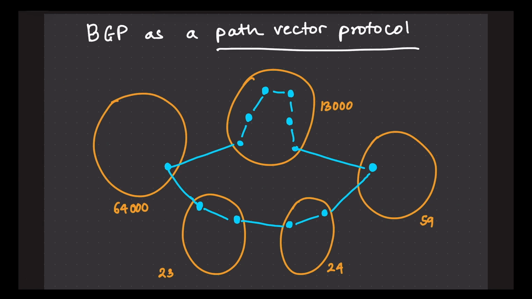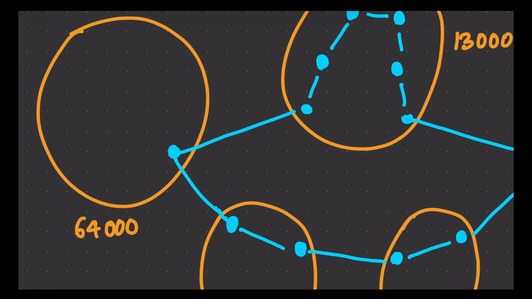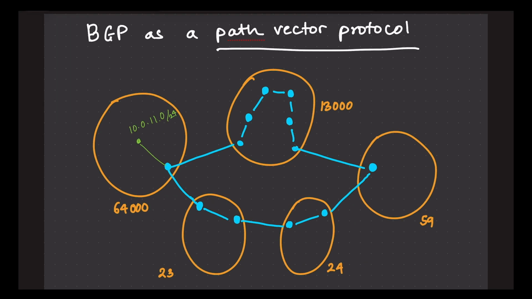BGP is called a path vector protocol. That means it doesn't just advertise a destination, it also advertises the entire path to reach it. Each time a route passes through an autonomous system, that AS adds its own ASN to the AS path. So let's say we have a route or a network which is 10.0.11.0/24, which is present in AS64.